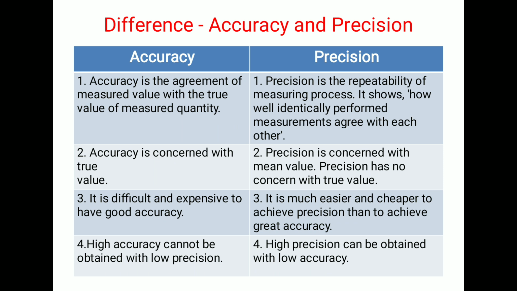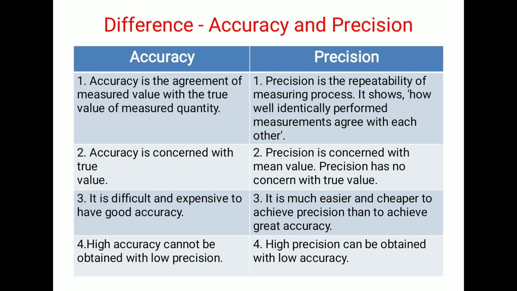Third, it is difficult and expensive to have good accuracy, whereas it is much easier and cheaper to achieve precision than to achieve great accuracy. Fourth, high accuracy cannot be obtained with low precision, whereas high precision can be obtained with low accuracy.